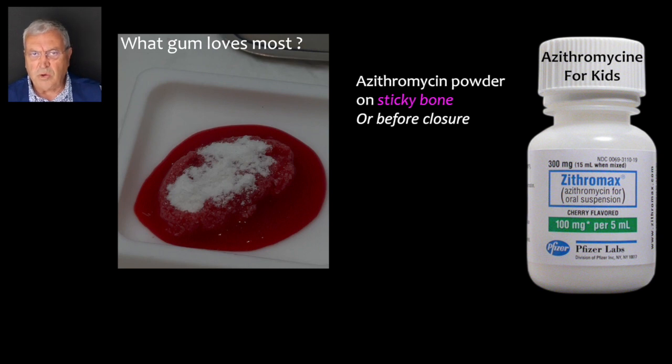They have azithromycin for kids, a bottle of powder in suspension. Then you will use a little bit of powder. Please ask your assistant to systematically put a bit of powder on the table in order not to forget to use it at the end of the surgery.